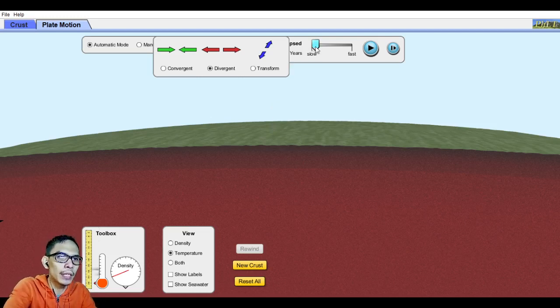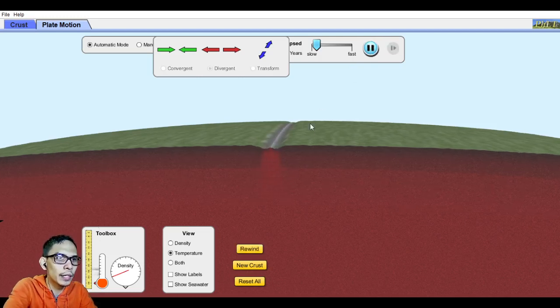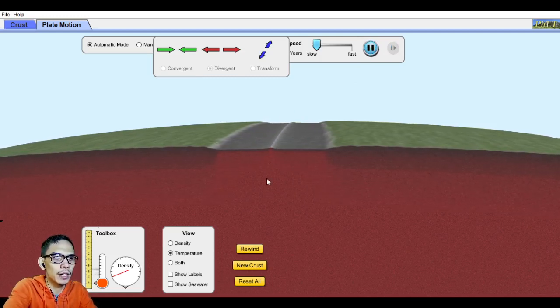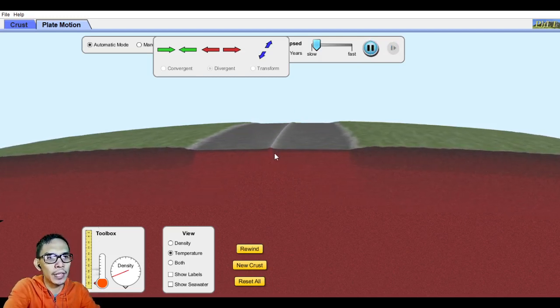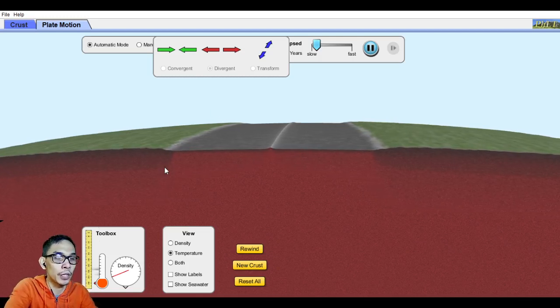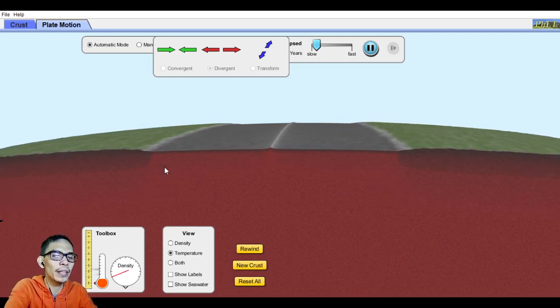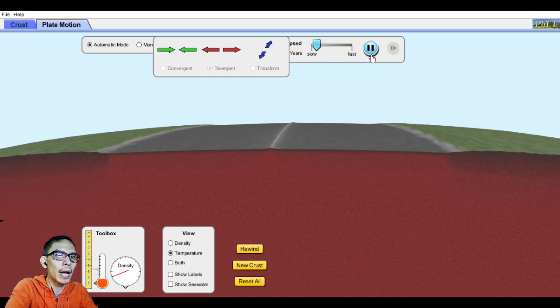Now, as the new material from the mantle is dumped on the Earth's surface, it creates a gap at the center that separates the two plates from each other. When it does, the gap between the two plates widens.